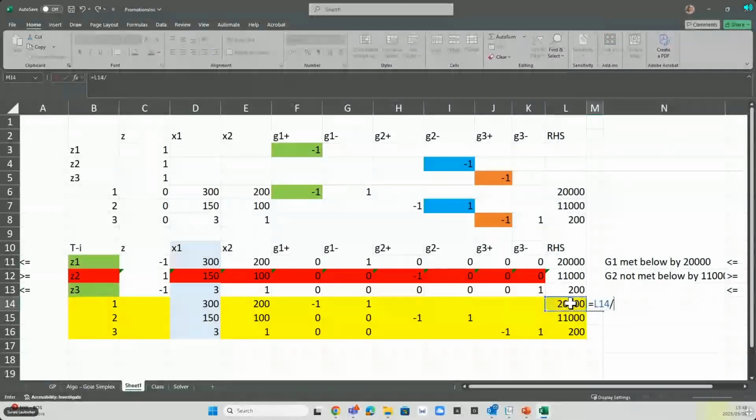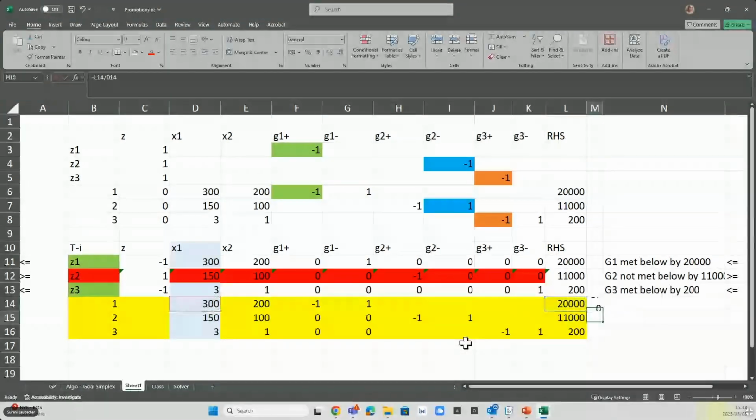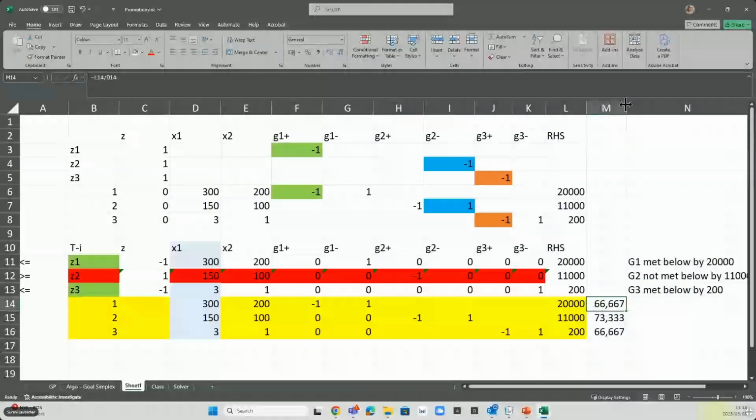Ratio test, you do exactly like you always do. Right hand side divided by pivot column. Drag it down. Guys online, I showed you this 100 times.